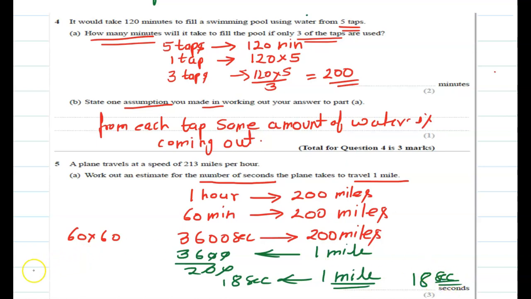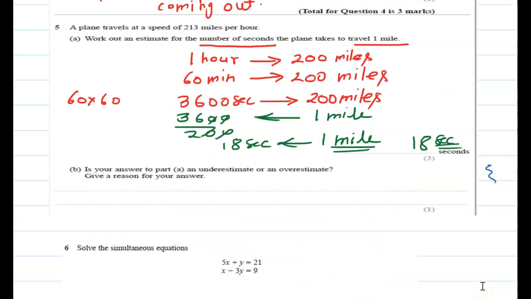Right? Let's go for the B part. The B part is: is your answer to part A an underestimate or an overestimate? So definitely it is an overestimate. We can write it down. Now you need to give a reason for your answer.